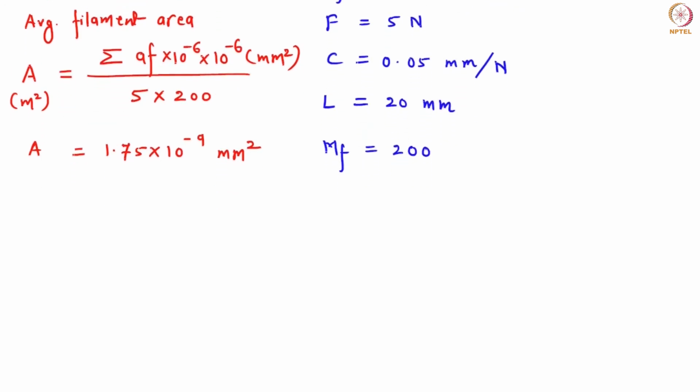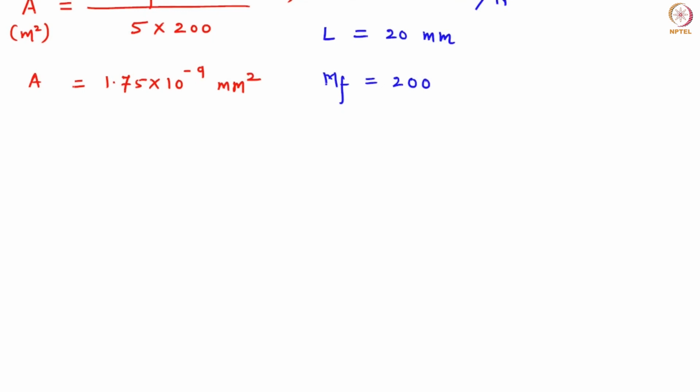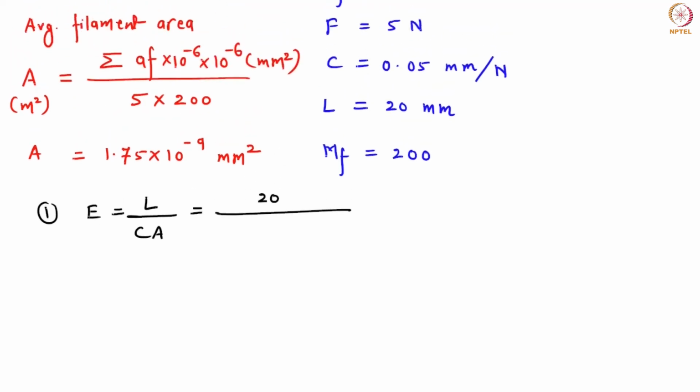Now we will do the rest of the calculations. Number one, let's first calculate the Young's modulus. The formula is L, the gauge length, divided by the true compliance into the area that we have calculated here. L, you remember, is 20. It is in millimeter, and in the formula we need it in millimeter. The value of true compliance is given in millimeter per Newton, which is the correct unit that we use in this formula.